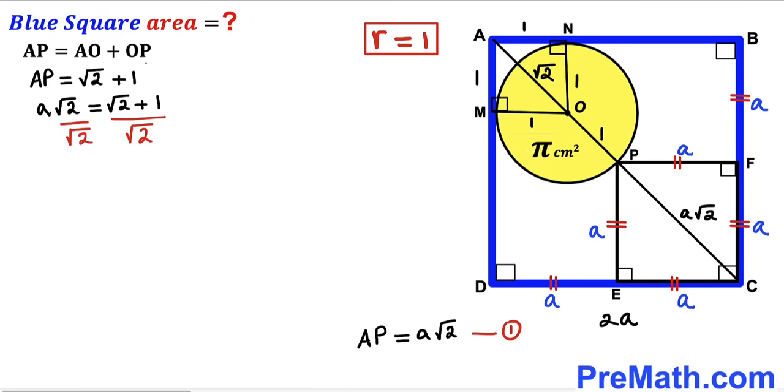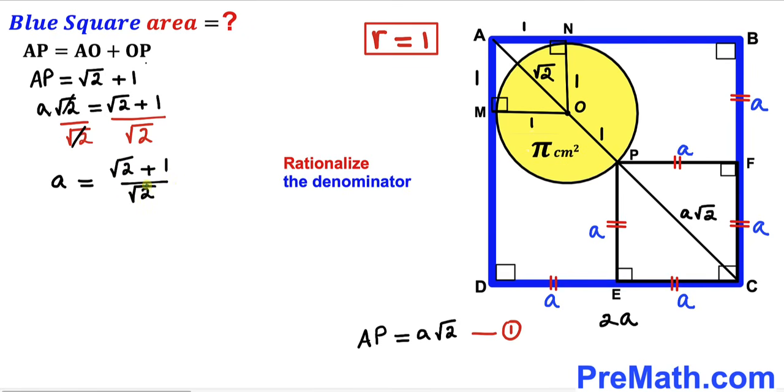And now I am going to divide both sides by square root of 2 to isolate a. The square root of 2 and square root of 2 is gone. So therefore a value turns out to be square root of 2 plus 1 divided by square root of 2.